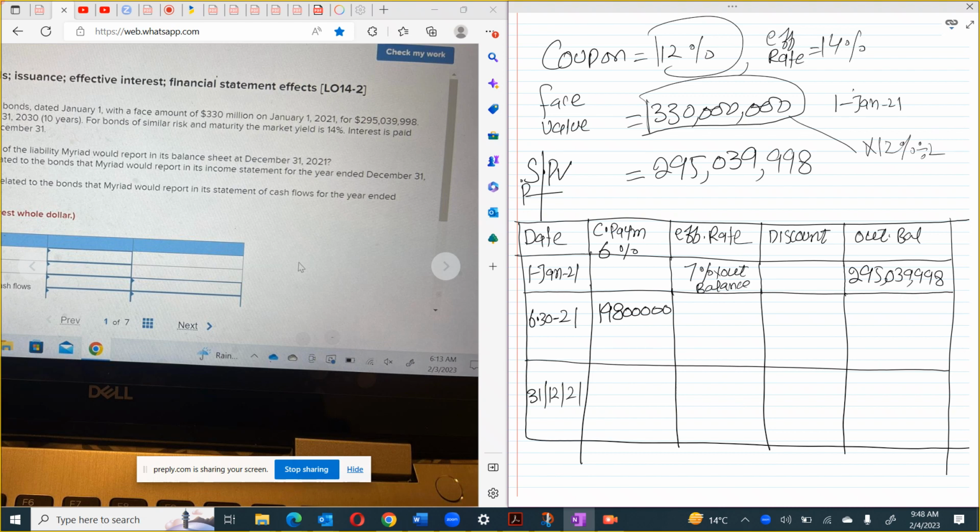Just hold on. Round final answers to the nearest whole dollar. So it is 106. Just click the return to question on the top. So it's 106.